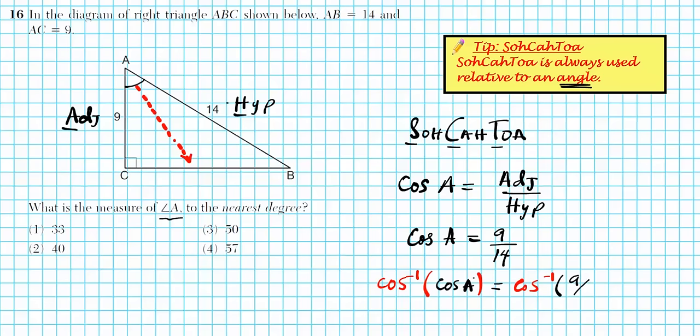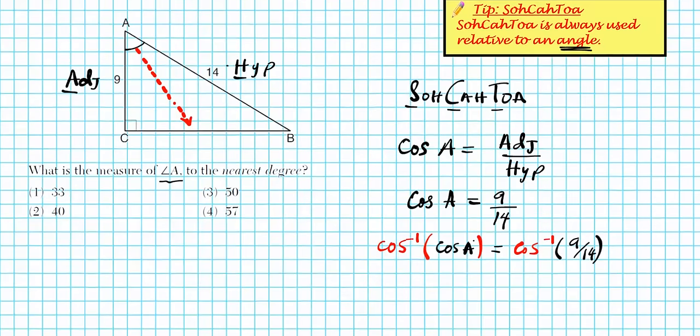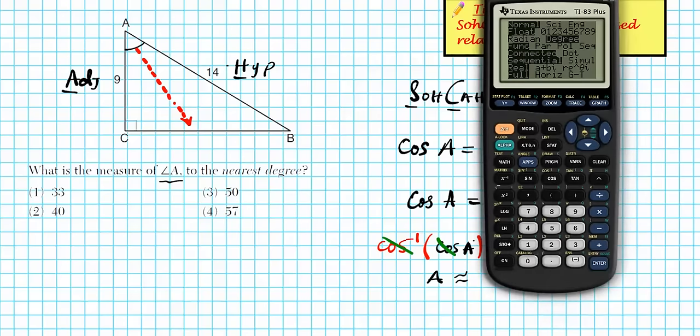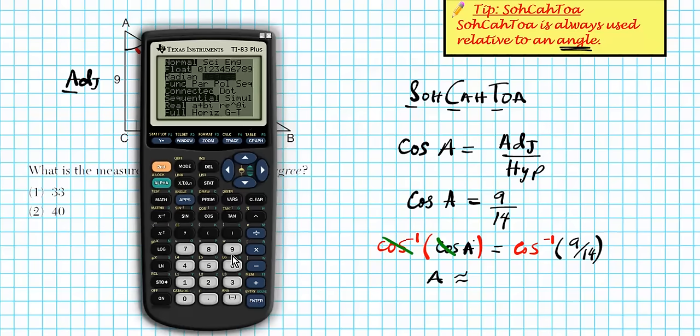Now, why did we take the inverse cosine again? Because that's what undoes cosine. On the left side you have some cancellation happening, and angle A is now the inverse cosine of 9 over 14, and we need our calculator to compute it.